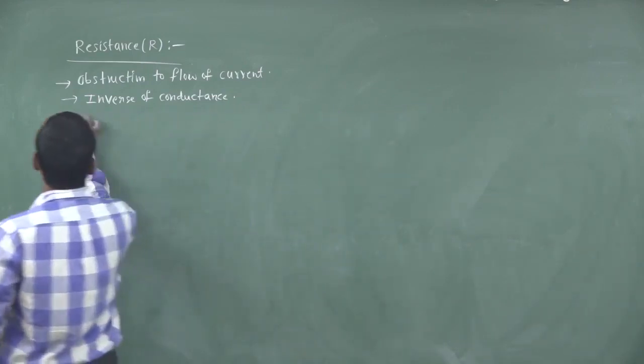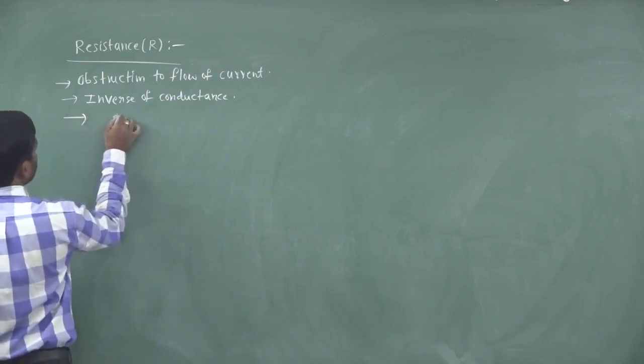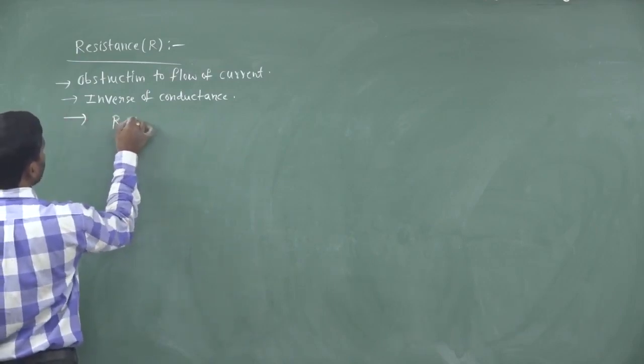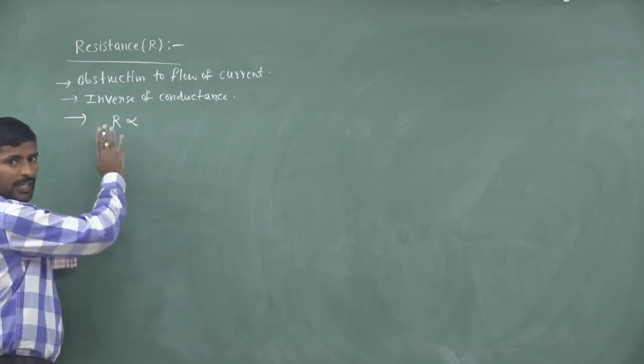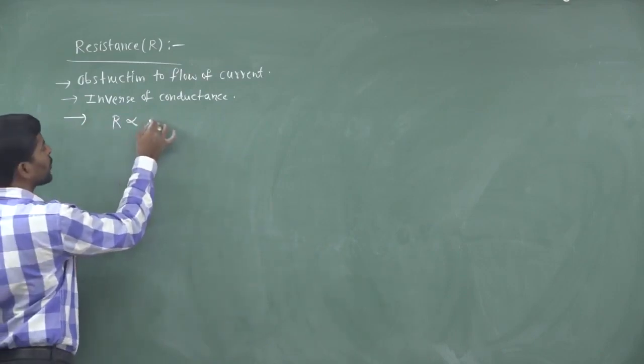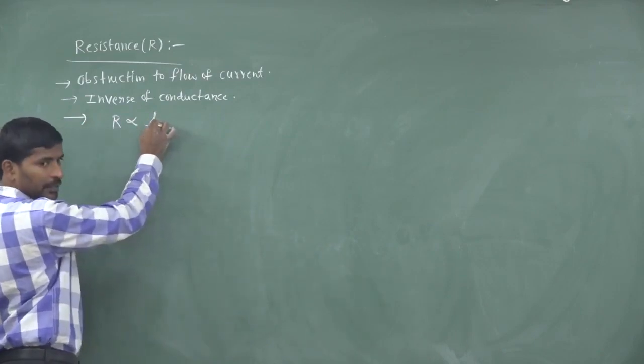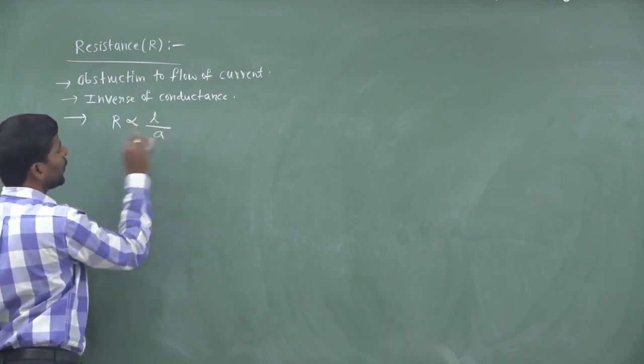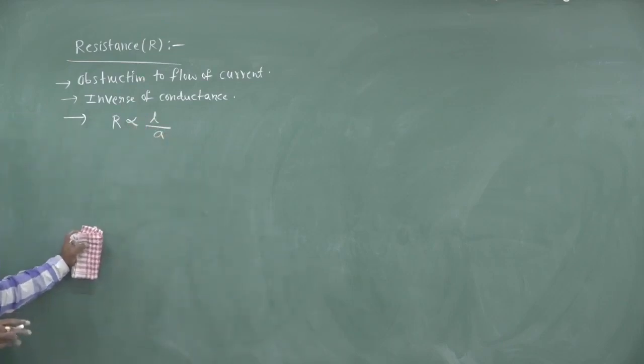Next one. Experimentally it is observed that resistance is directly proportional to length of electrode and inversely proportional to area of cross section of an electrode.